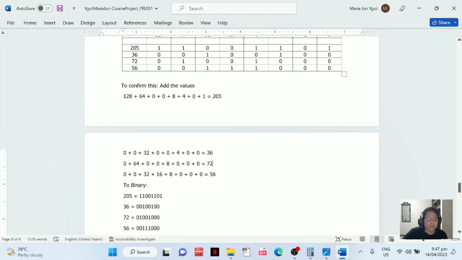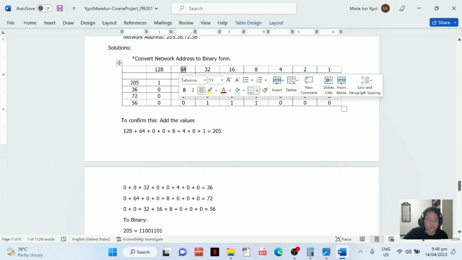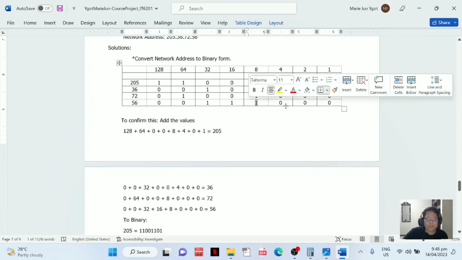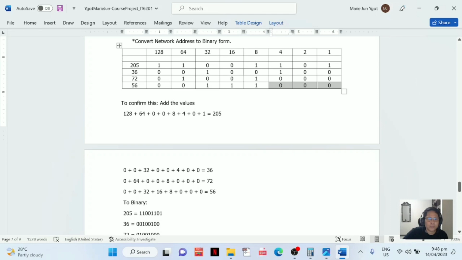Okay. So what about 56? Again, we cannot use 128, so this is 0. Again, 64, still we cannot use this one, so 0. We can use 32, so that's why 1 here. We can also use 16, and we can also use 8, and the rest we cannot use. So it's all zeros.